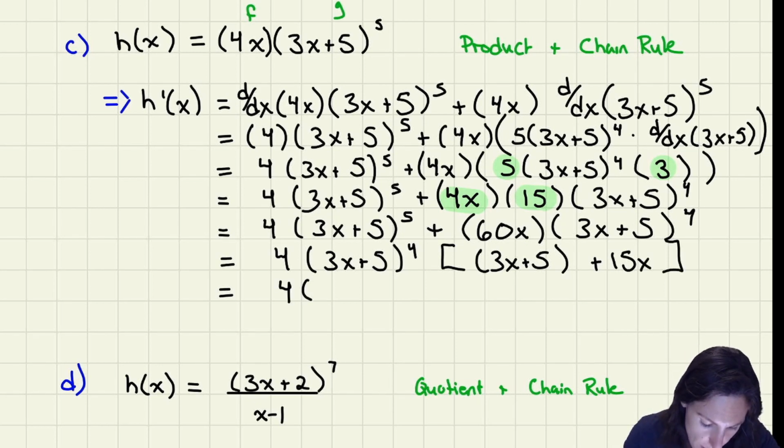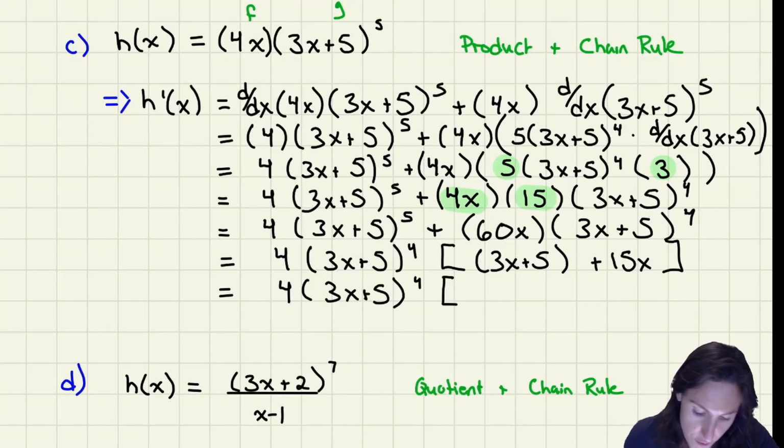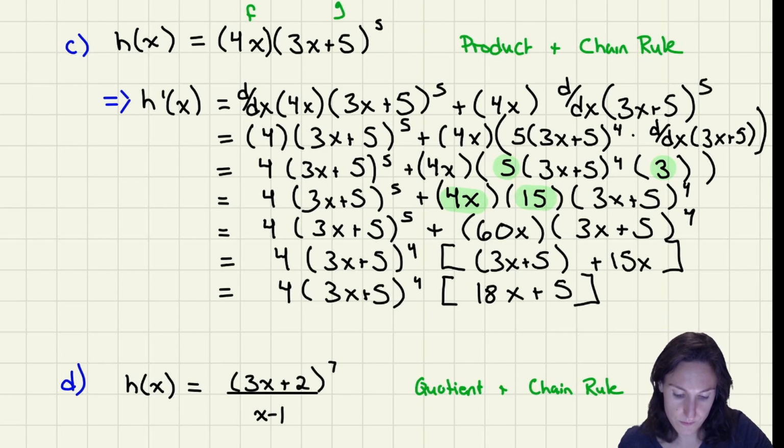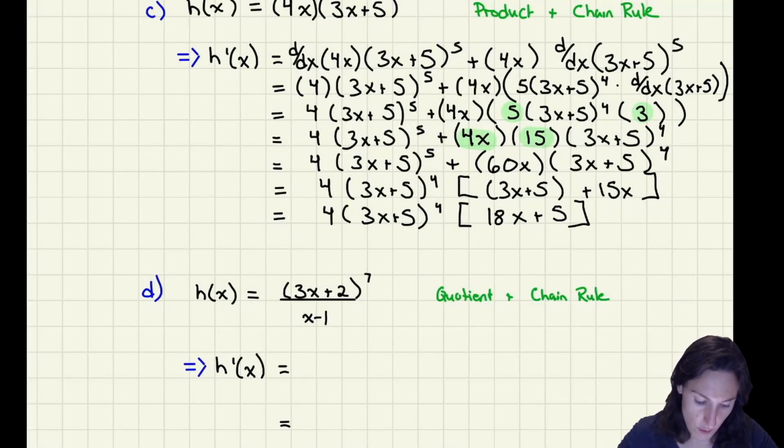So from each term, I factored out a 4, 3x plus 5 to the 4, and then I have 3x plus 15x, so this is 18x left over, and plus 5 left over. Okay, and I can leave it like that. If you wanted to put the 4 into here, you could, but you don't have to. All right.